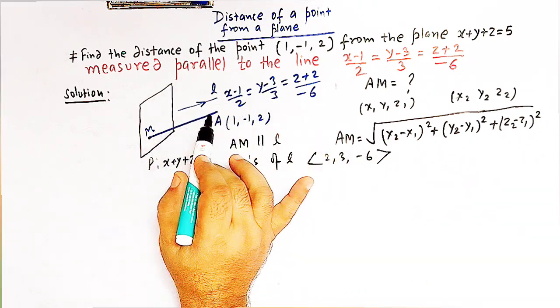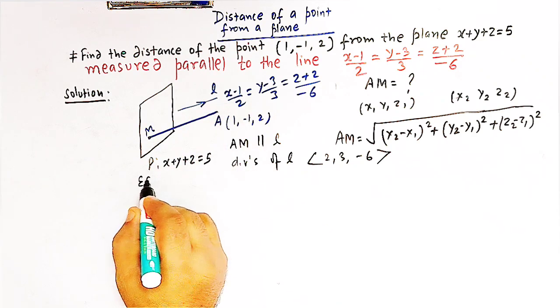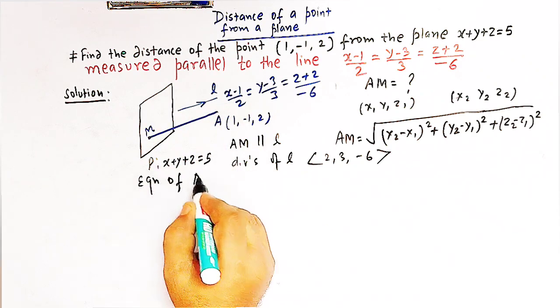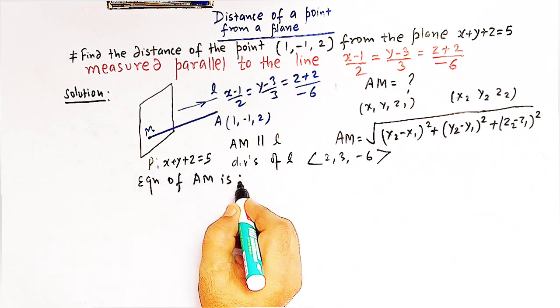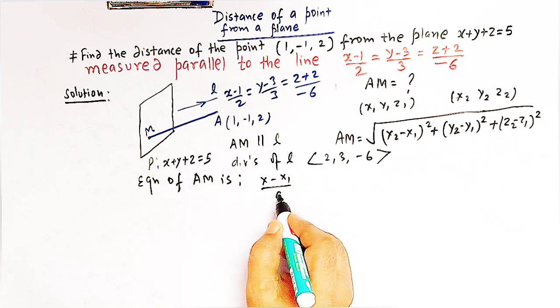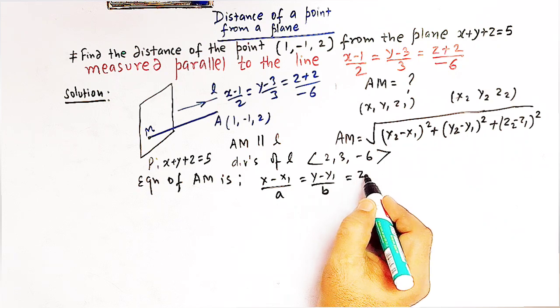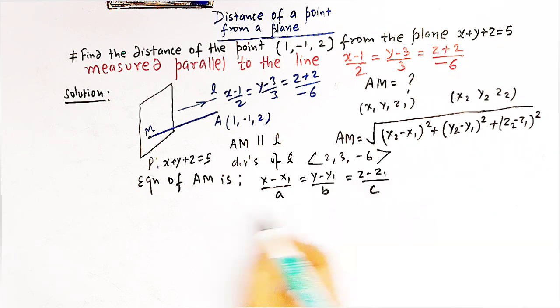So now let us write the equation of AM. So equation of AM is given by (x minus x1) over a, (y minus y1) over b, and (z minus z1) over c.